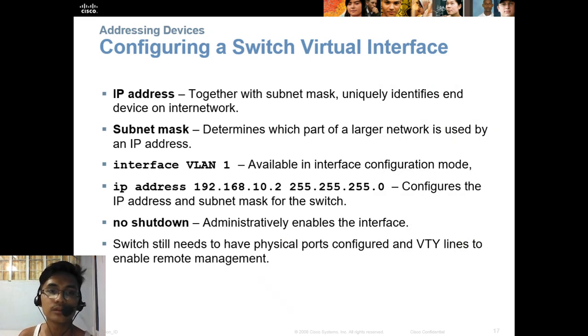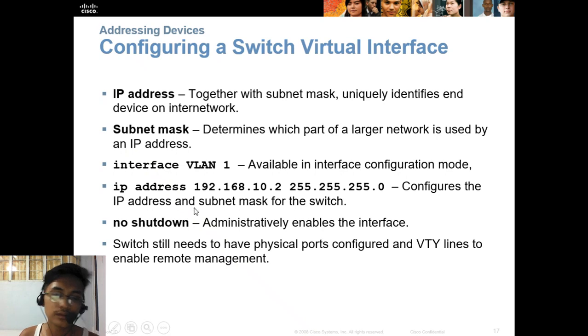Configuring the switch virtual interface: the IP address together with the subnet mask uniquely identifies the end device on the internetwork. The subnet mask determines which part of a larger network is used by an IP address. Interface VLAN 1 is available in interface configuration mode. The command ip address 192.168.10.2 255.255.255.0 configures the IP address and subnet mask for the switch.